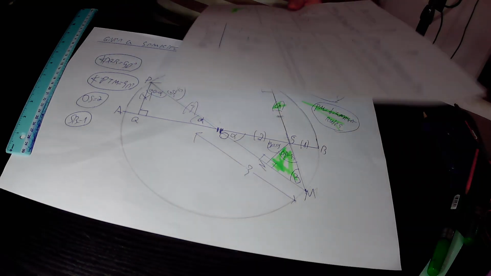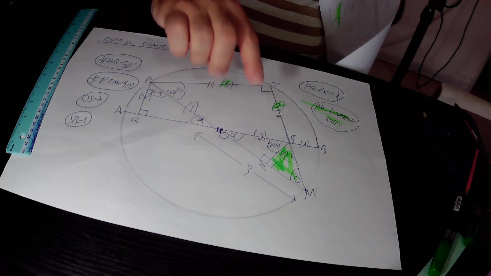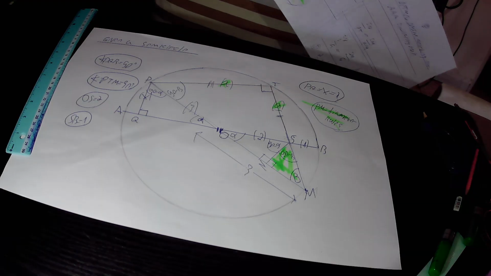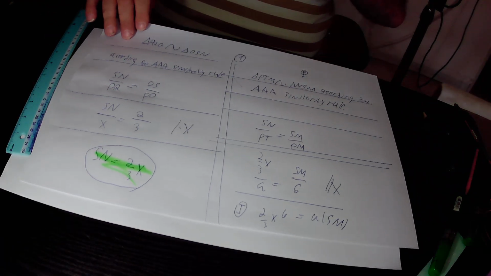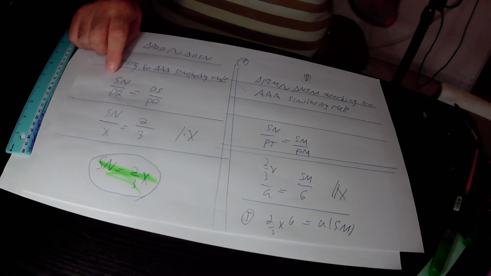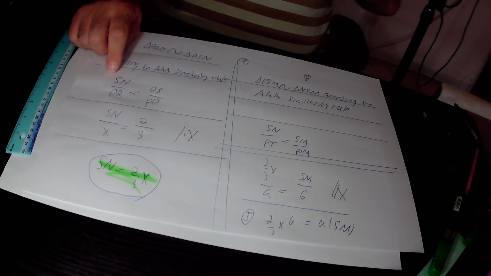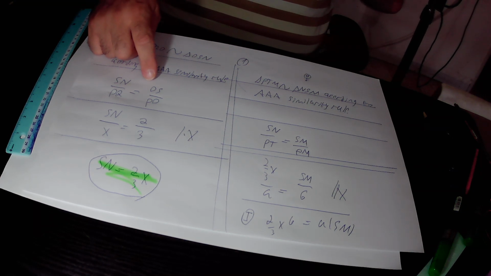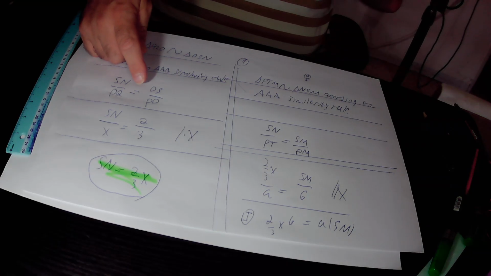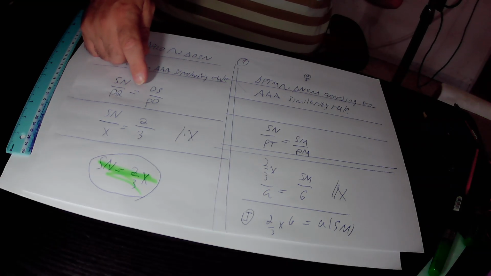Again, from the fact that those two right triangles are similar to each other, we derive that side SN of the right lower triangle OSN over side PQ of the upper right triangle PQO is equal to side OS of the right lower triangle OSN over side PO of the right upper triangle PQO.